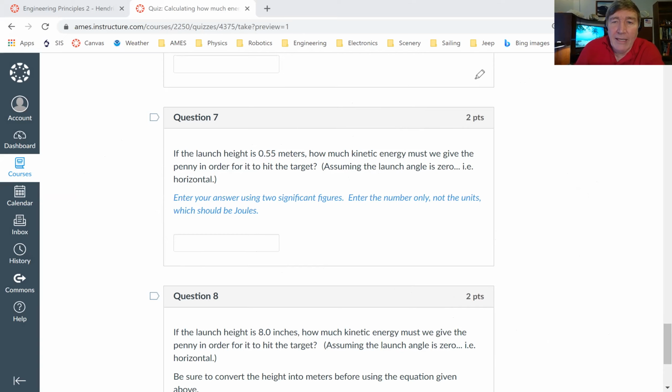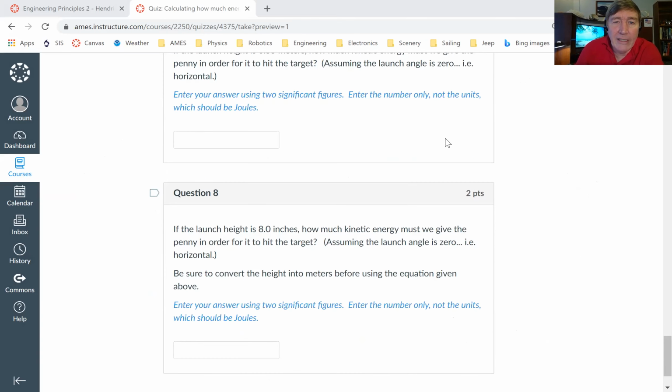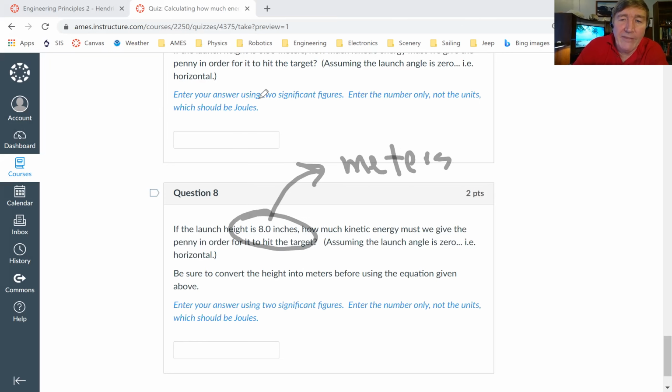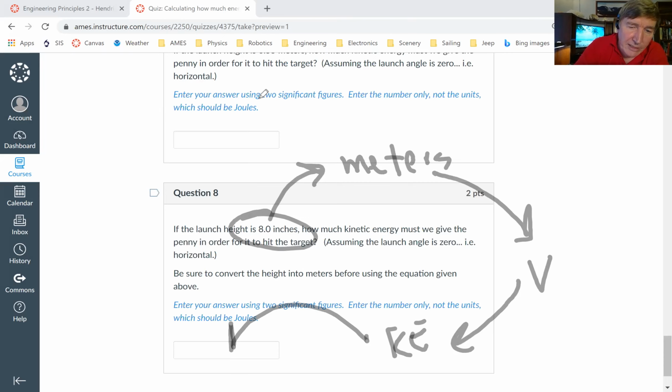All right, and then the very last one here is really the same as number 7. The only thing I did differently here was I didn't give you the height in meters, I gave it to you in inches. So what you need to do is convert that into meters and then use that to calculate the velocity, and then use that to calculate the kinetic energy, and that's what you stick in the box.